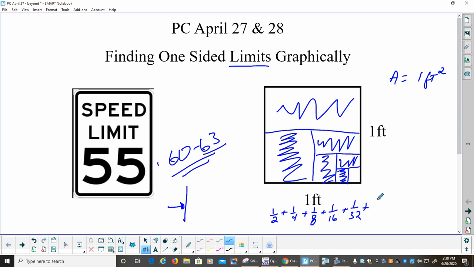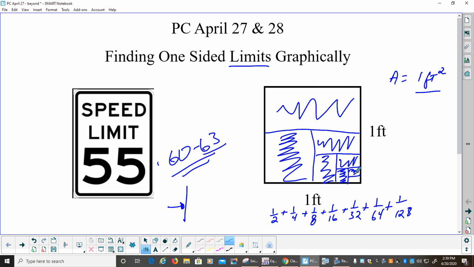Now, if I stop cutting pieces off and setting them aside, my answer is not going to be worth 1. Think of it this way. We know all of this is worth 1 square foot.